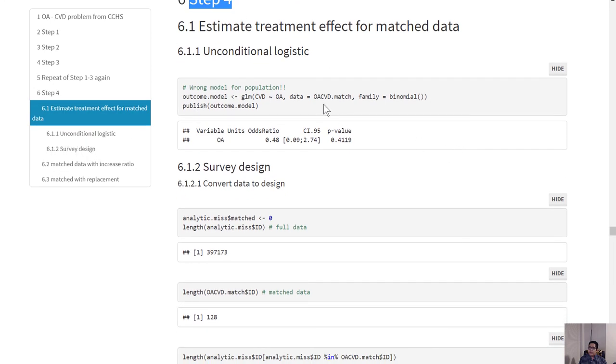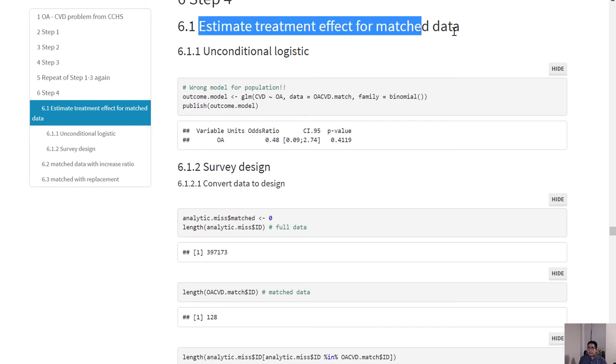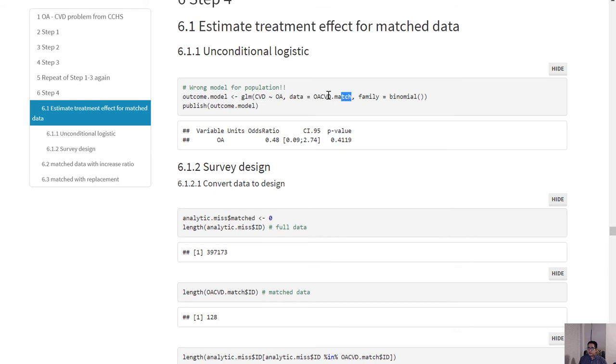And in this step 4, you can see I'm just using the matched dataset to get the odds ratios, right? But generally speaking, when you are estimating the treatment effect from the matched data, you are supposed to use the design instead of the matched data only.